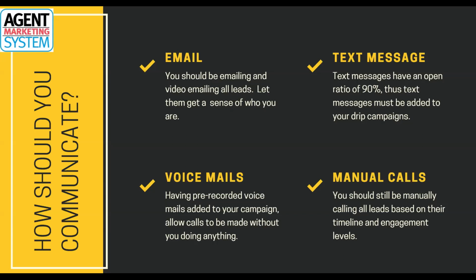One other thing I want to mention is I previously talked about the person's level of engagement and who's a priority lead. Aside from what your drip campaign has, you should be able to call your leads outside of the drip campaign tasks based on their level of engagement. You'll also notice that leads who told you they're moving in a year or 2 years, all of a sudden are looking very frequently. Something has changed. I met somebody I've known for years, and we spoke at the end of last year, and they told me they're thinking of moving, a couple of years out because they need to save.